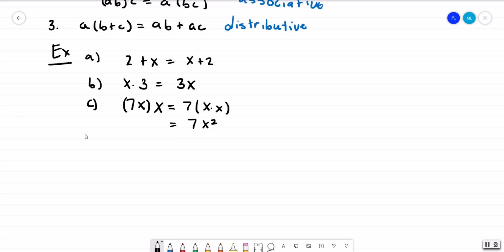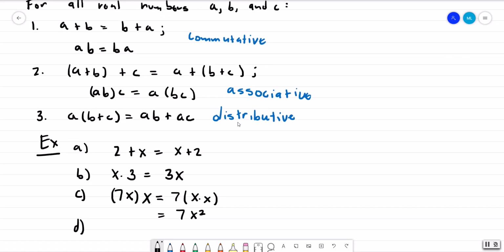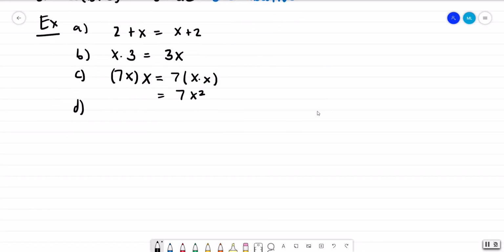Now, another example of using the properties of real numbers, so remember that's the commutative, associative, and distributive. Say that we take 3 and we multiply it by x plus 4.